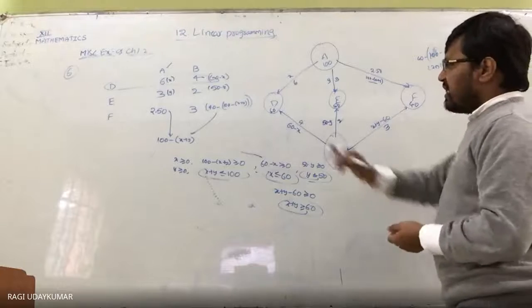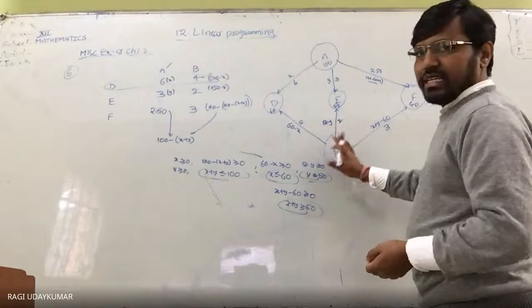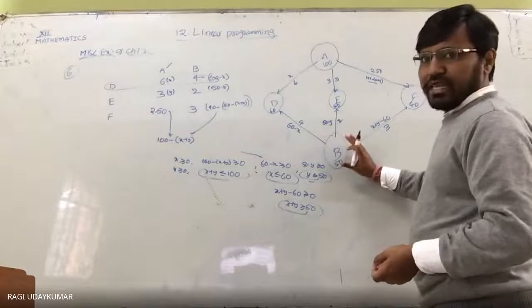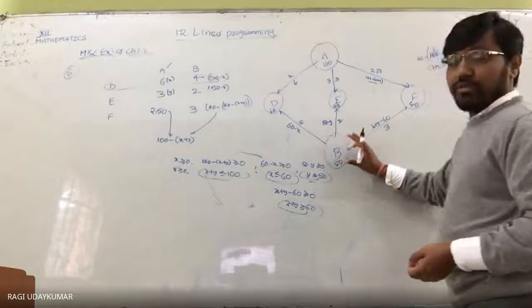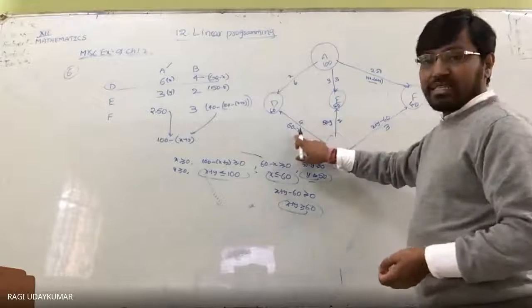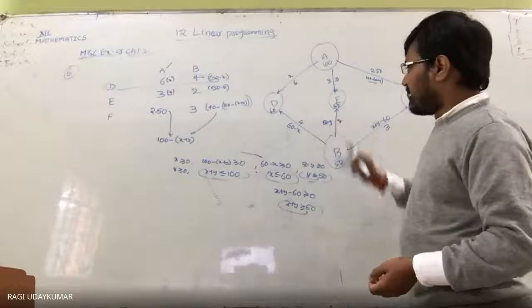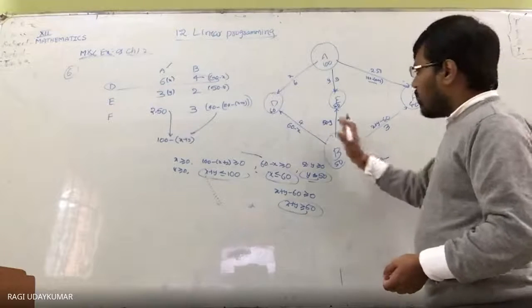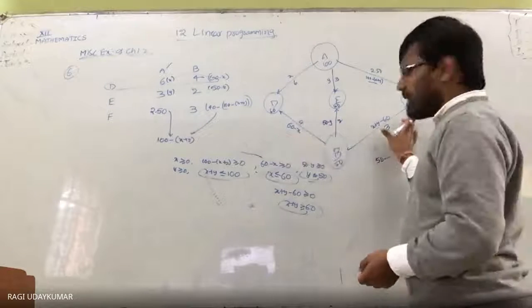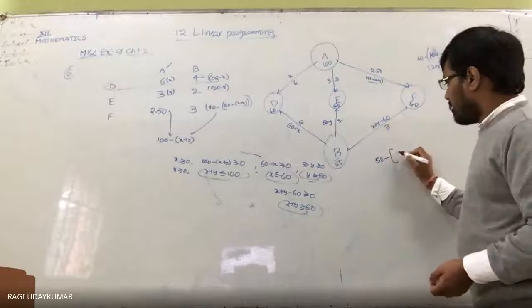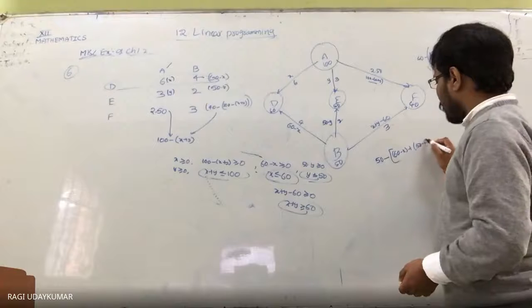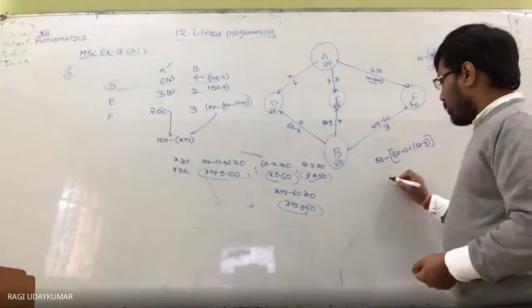How? इधर देखो, इसका capacity कितना है? It can send 50 quintals. Here 60 minus x sent earlier. Here 50 minus y sent earlier. So whatever they sent, the remaining should be sent here. 50 minus, 60 minus x plus 50 minus y. You do it.